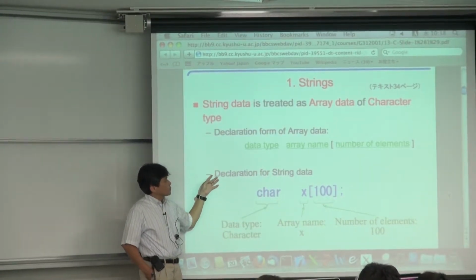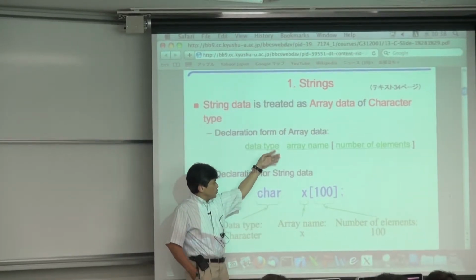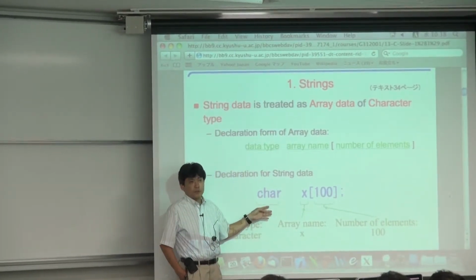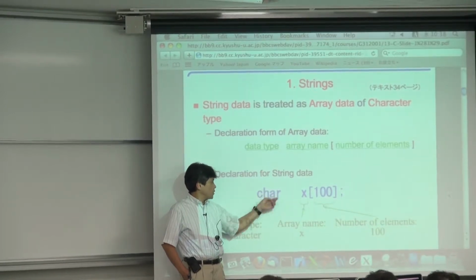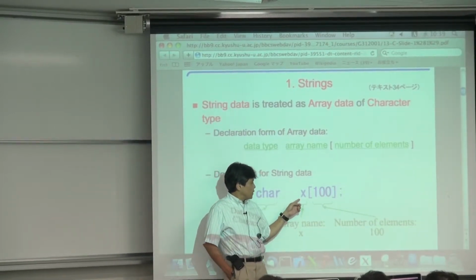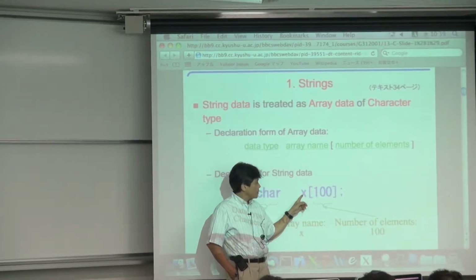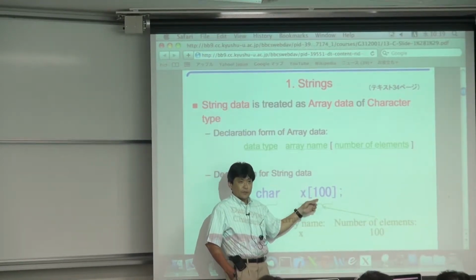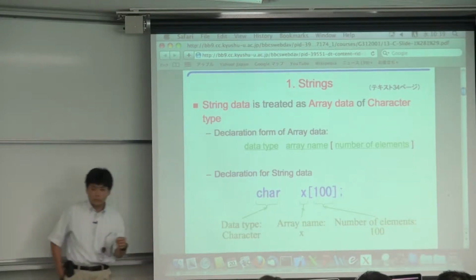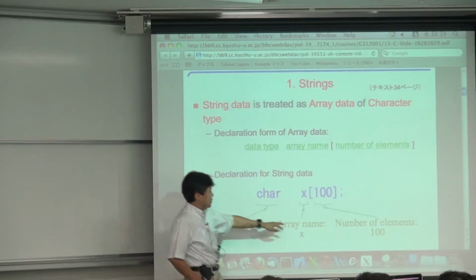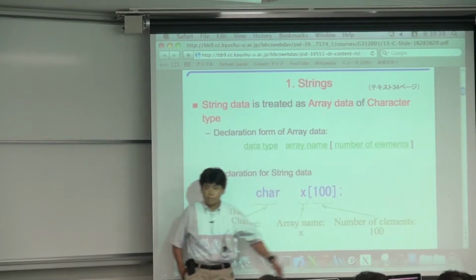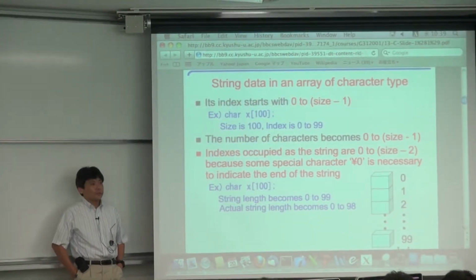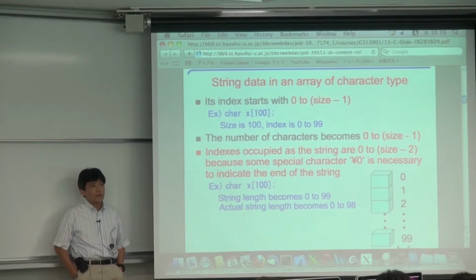For string data, similar to this, you can define the string data like this. The data type is char, and the variable name is x. And you have to specify the size, the number of the characters. Okay? In this case, the number of elements, the number of characters, is 100. This sheet also shows some important things about strings.